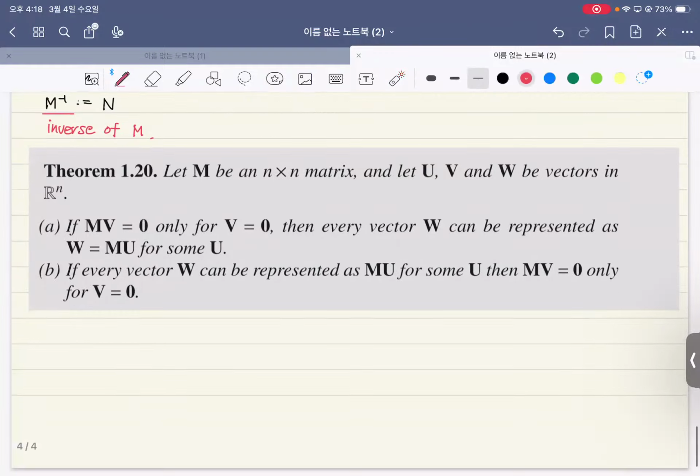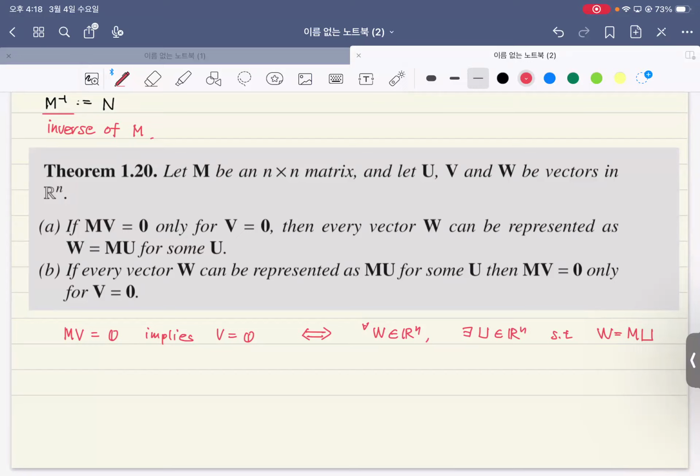Basically, this theorem says MV equals 0 implies V equals 0 if and only if for all W in Rn there is a vector U such that W is MU. Since this is an if and only if statement, I will need to prove both sides.